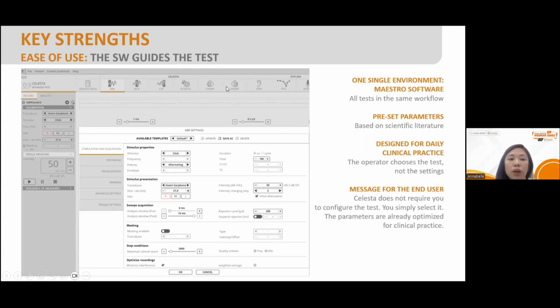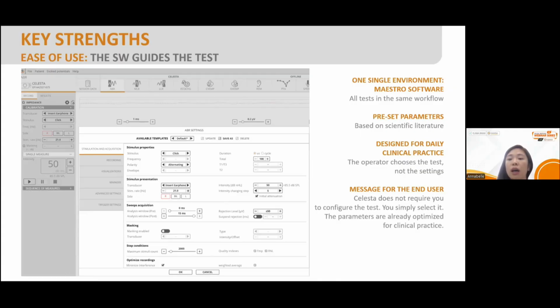And for Celesta, for this license, we got the full version. We got AVR, MLR, LR, ECOG, G, CVEM, and OVEM. And for each of these modules, you can choose your configurations here.